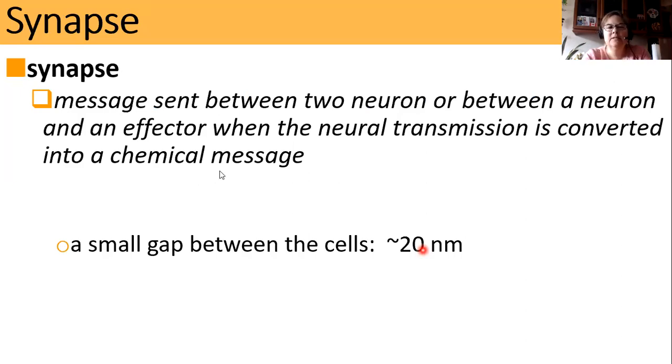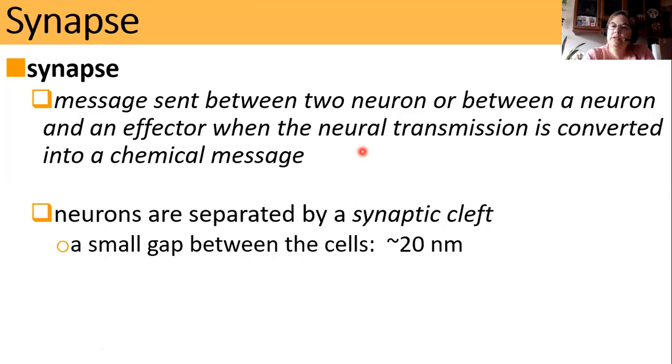So when we use this term synapse, it's referring to the message that's being sent either between one neuron and another neuron, or between a neuron and an effector. So that's the synapse, and that's where our neural transmission, our wave of depolarization, is going to get converted into a chemical message. Okay.